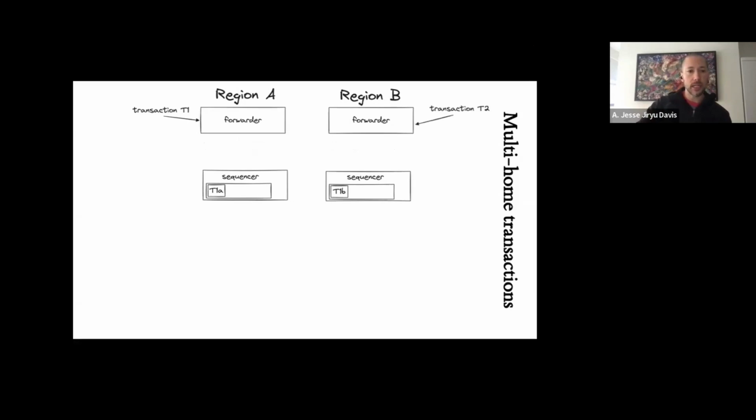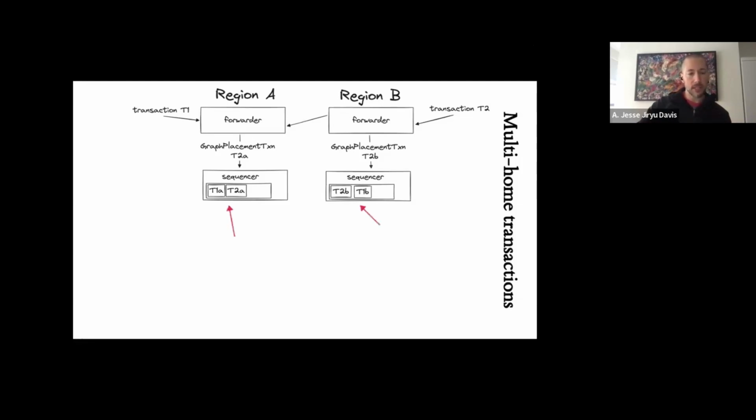Let's say that another transaction, T2, arrives at region B at around the same time. Transaction T2 is also a multi-region transaction, so it also is forwarded and it produces two graph placement transactions, T2A and T2B.